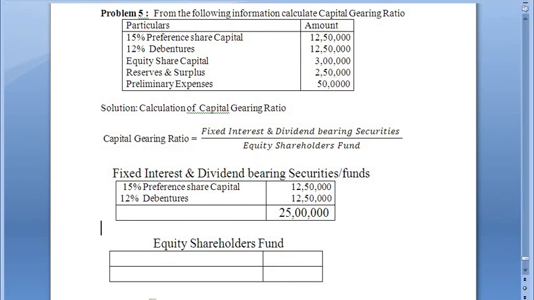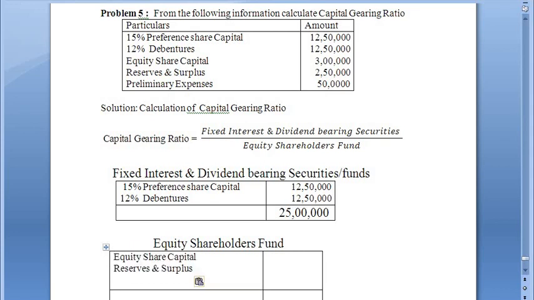Okay, so next one is equity shareholders fund. Equity shareholders funds include equity share capital plus reserves and surplus minus fictitious assets. Okay, so first write the amount of equity share capital and reserves and surplus. Amount of equity share capital is 3 lakh.